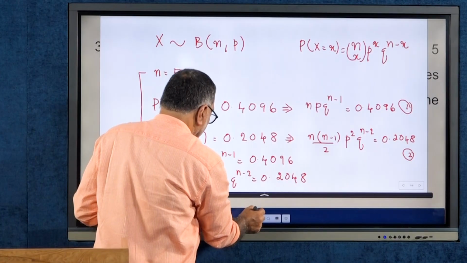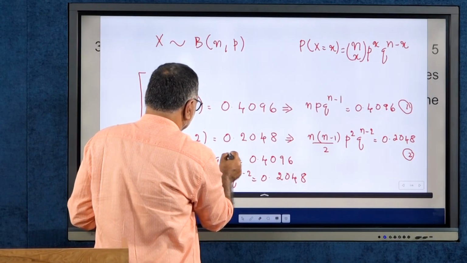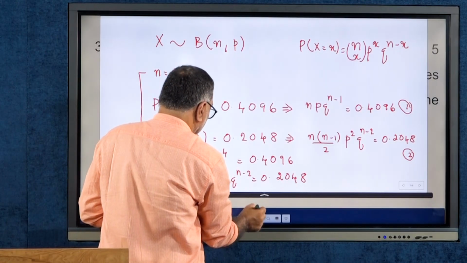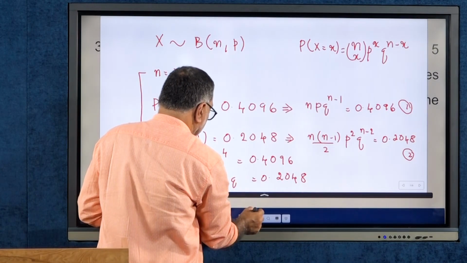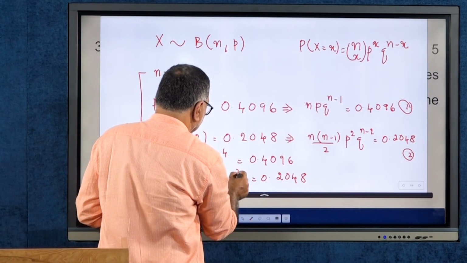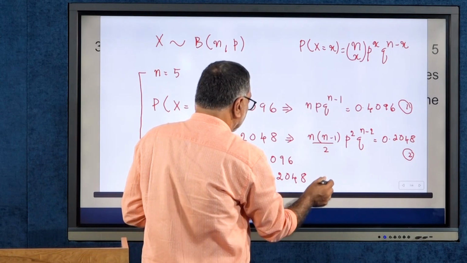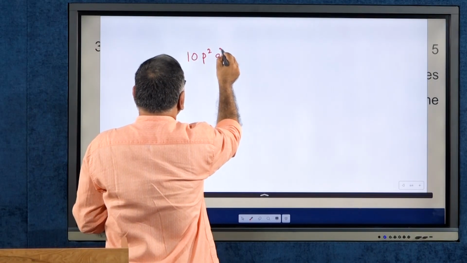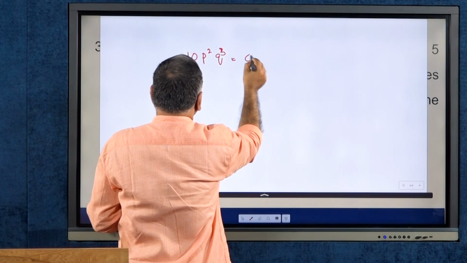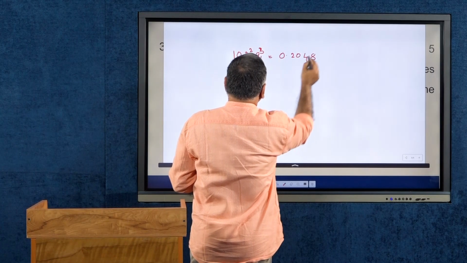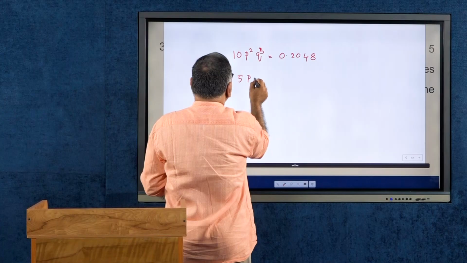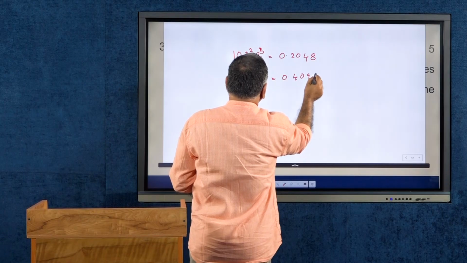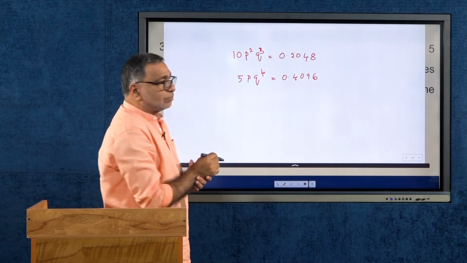So, this is equal to 4, and here also you have to substitute n, that is 3. So, that is 10 p square q cube is equal to 0.2048 and 5 p q power 4 is equal to 0.4096. These are the two equations we have.